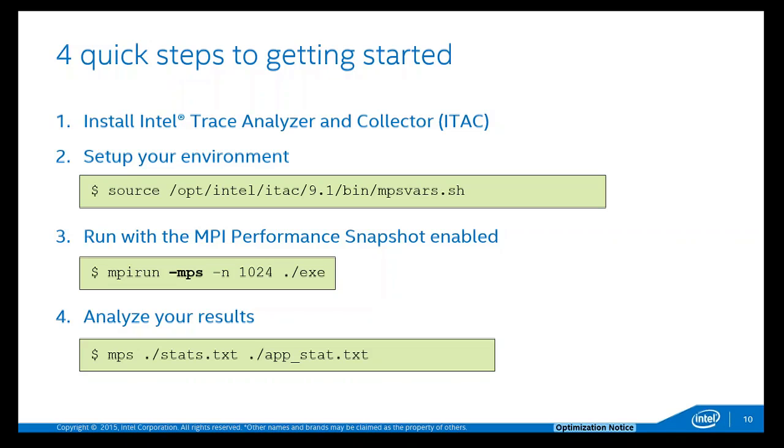It might include some OpenMP data, as well as a few other counter data from PAPI or a few other things. You can provide both of those files as arguments to the MPS tool. That will do some post-processing of the data, and it'll give you that nice HTML output. And I'm planning on doing a quick demo so you can see what I'm talking about as well.